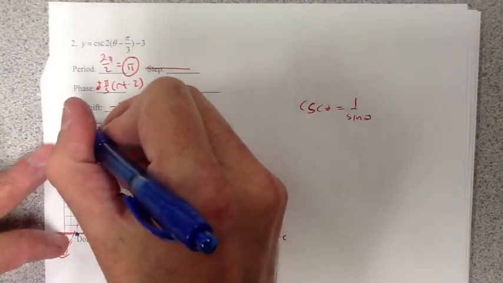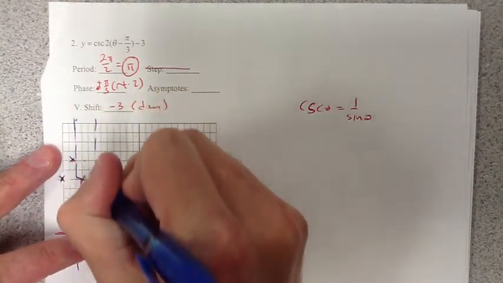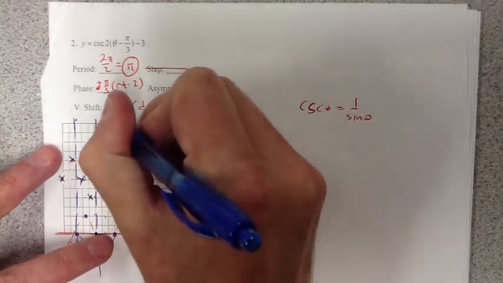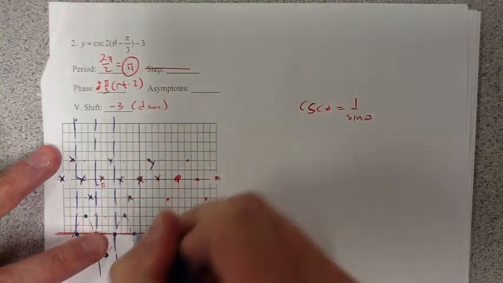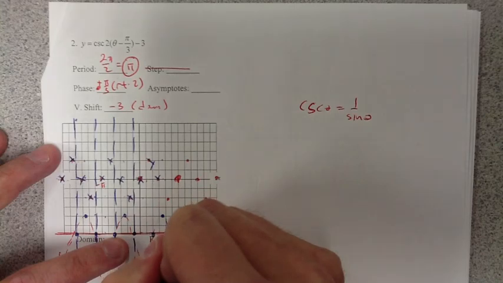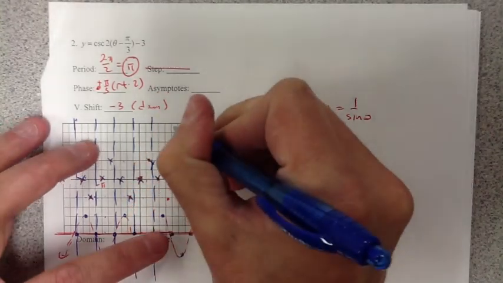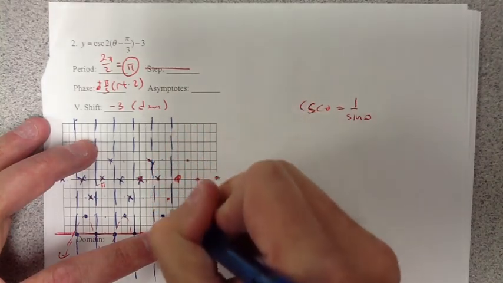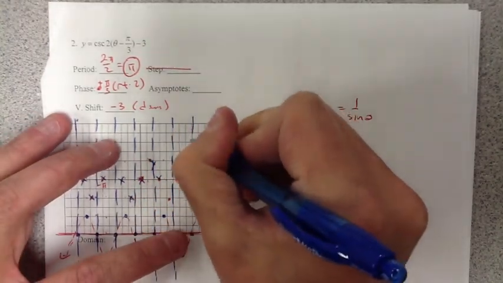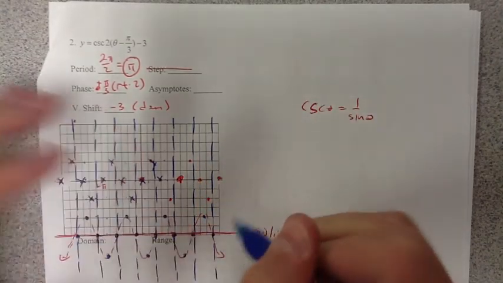So here's an asymptote. Here's an asymptote. Here's an asymptote. A little harder to see, I hear you. Here's an asymptote. This one takes a while to master. Here's an asymptote. There we go.